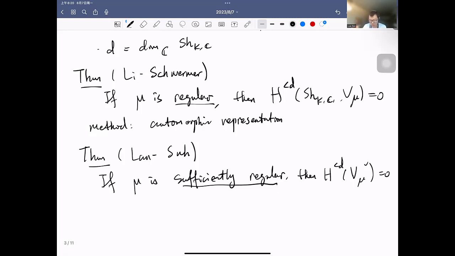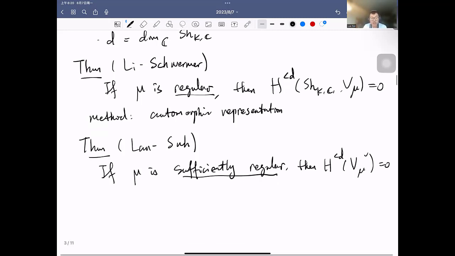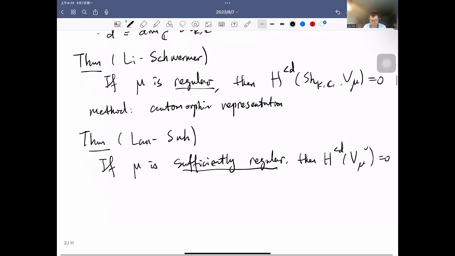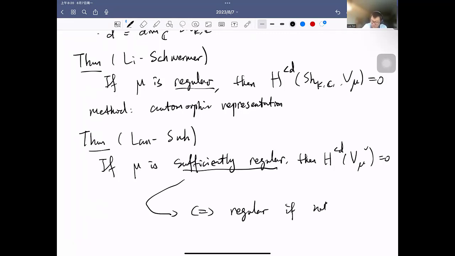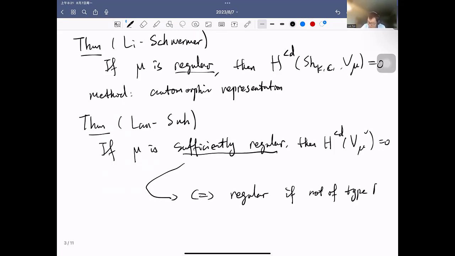So sufficiently regular, as the name suggests, is a stronger condition than being regular. But actually it's not that different from regular. It's equivalent to being regular if each non-compact factor of G is not of type B or C. For type B and C, you need to require something slightly stronger.